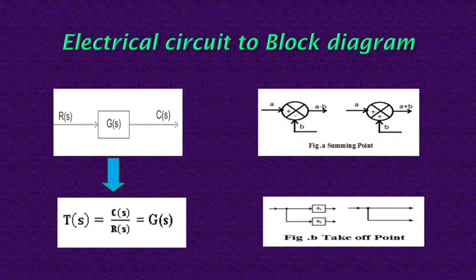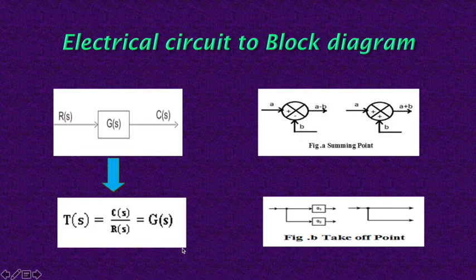The transfer function is an expression which relates output to input in the S domain. Transfer function does not give any information about the internal structure of the system. Once we determine the transfer function, then we can represent the system by the block diagram. Here this is input and this is output. So the transfer function is C(s) by R(s) equal to G(s).